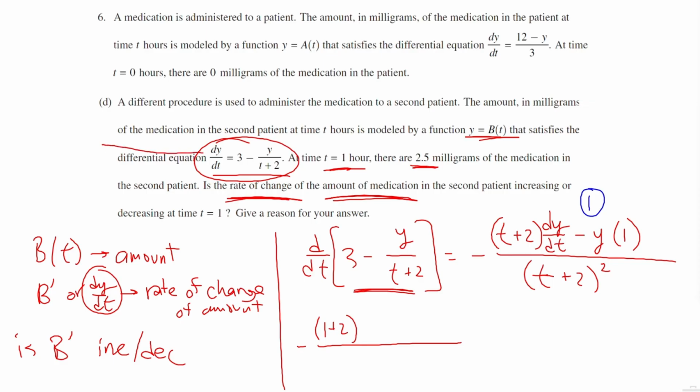So it looks like 3 minus 2.5 over t plus 2, which we already know t plus 2 is 3. So we have 1 plus 2, or 3, times 3 minus 2.5 over 3.